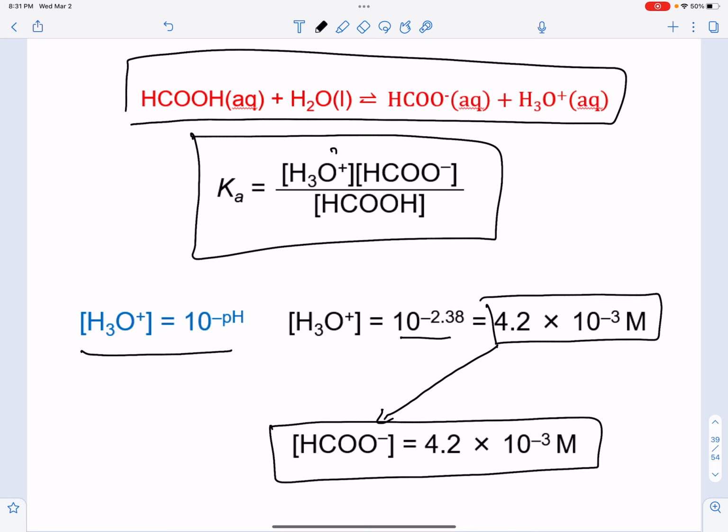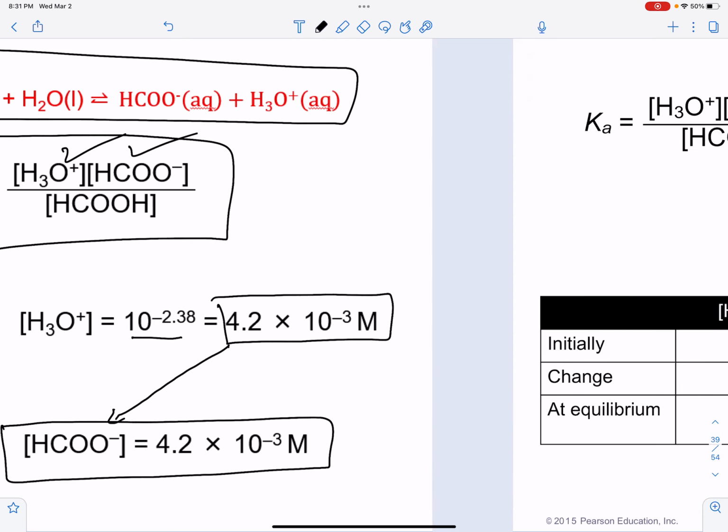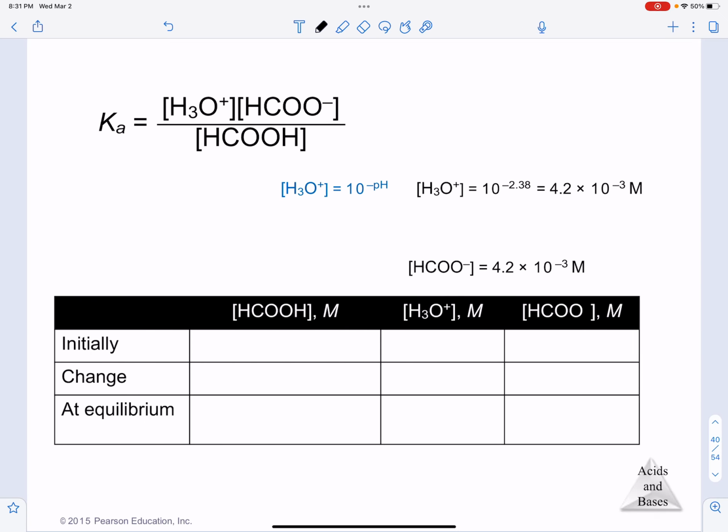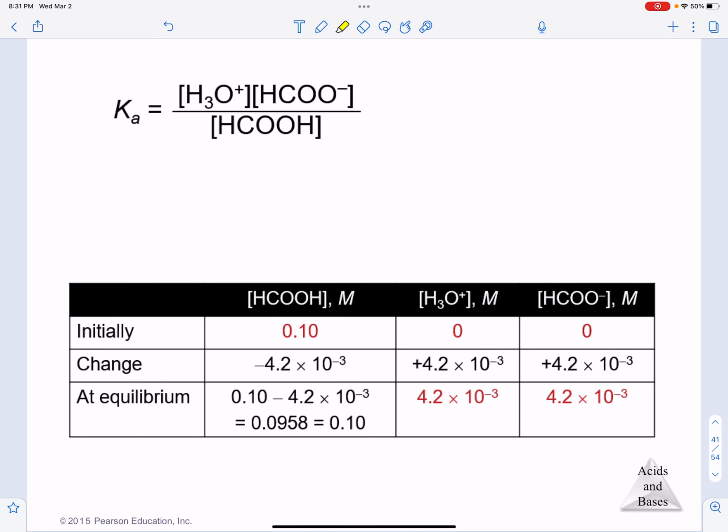So we got these two values. How are we going to fill up the ICE table so we can find the equilibrium concentrations? That's what we need to find out to find the Ka value.